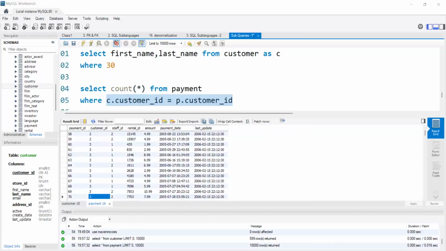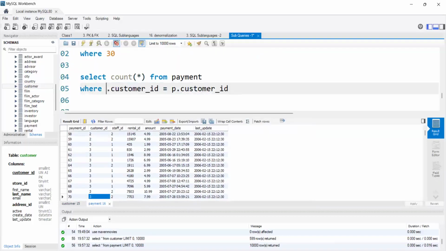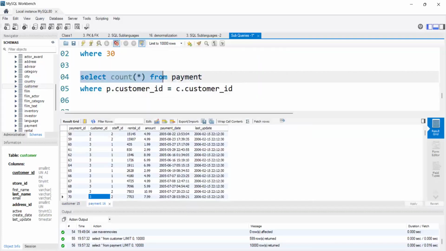But I need to write here where p dot customer id is equals to c dot customer id. I'm talking about the payment table here. I want to count the payment data here, but I'm giving the condition from the payment table. I need to write alias name as p here. I need to write from payment table customer id is equals to customer table customer id.